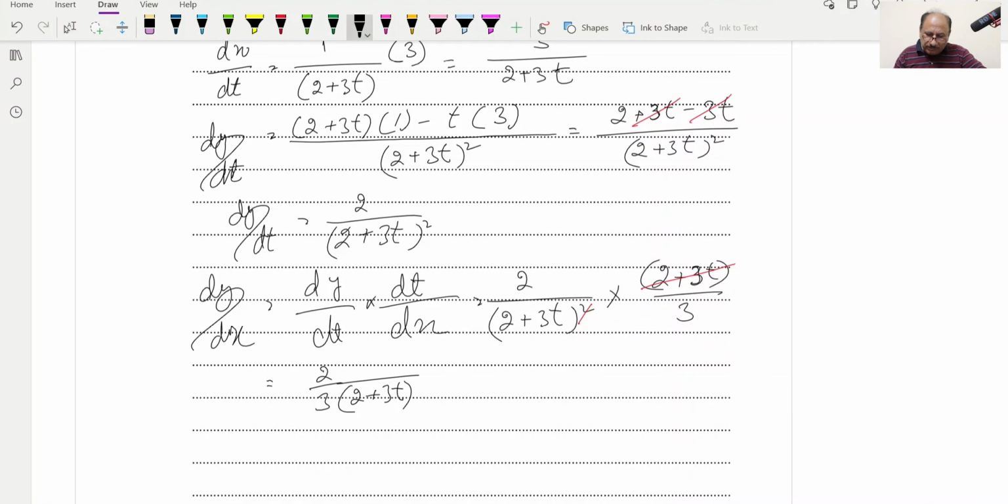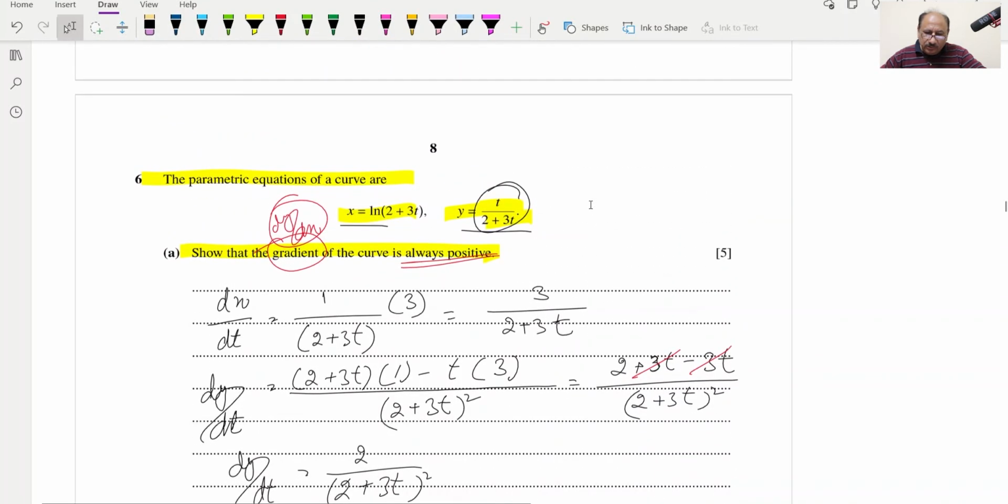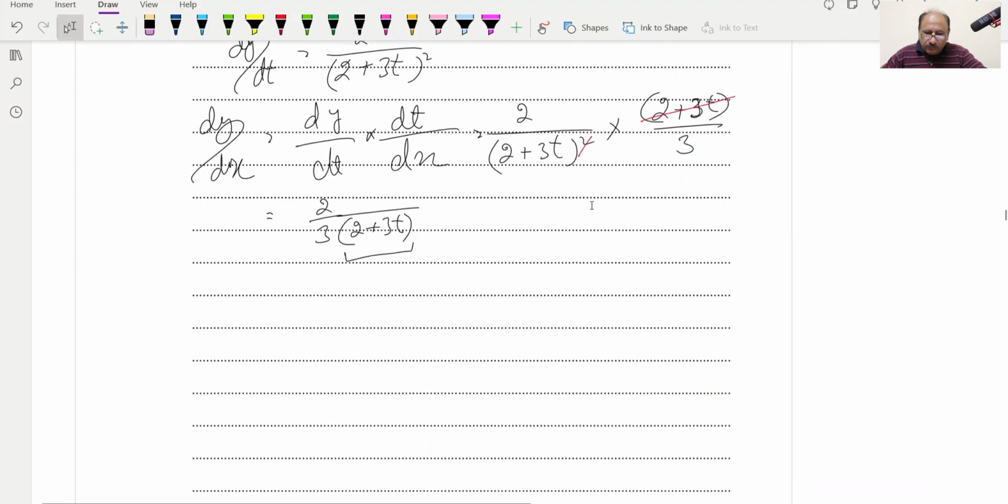Now we can check this portion, this one, 2 plus 3t, and in the given equation x is equal to log of 2 plus 3t, and this equation I will copy over here, log of 2 plus 3t, this one. This is equal to x.